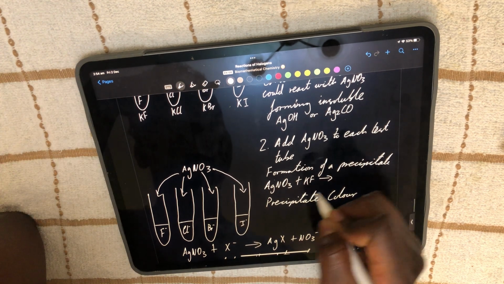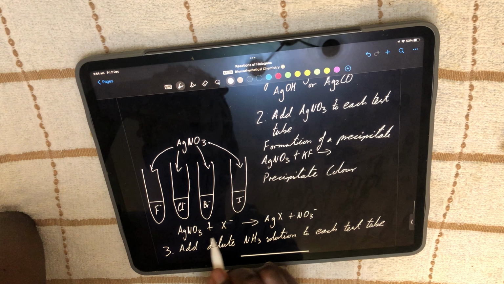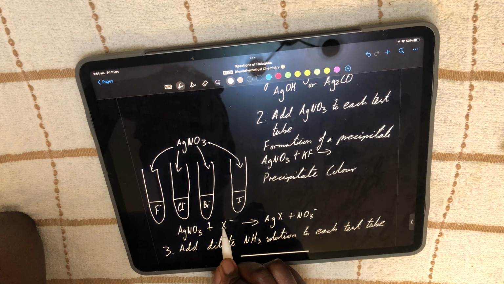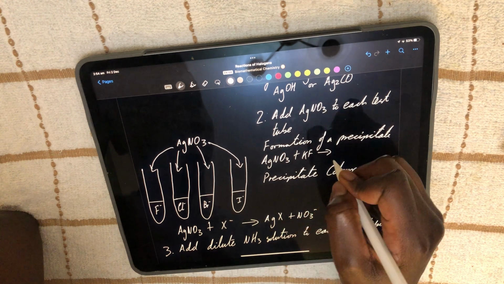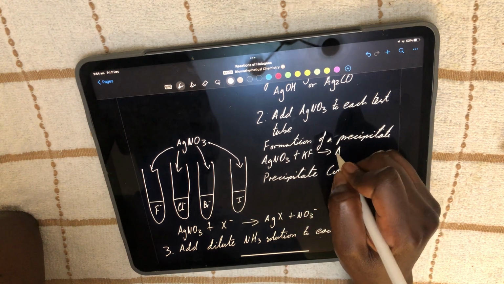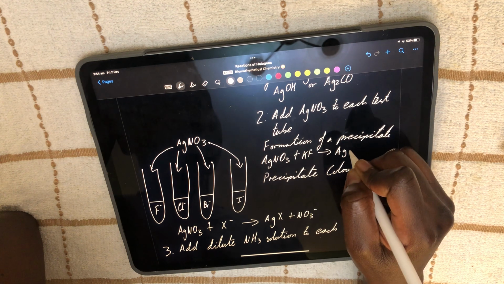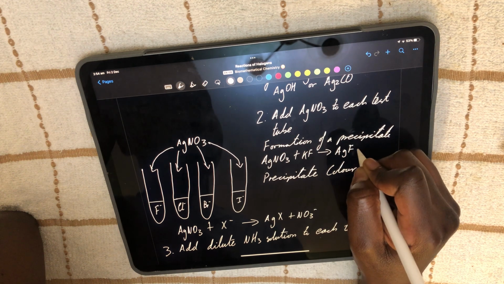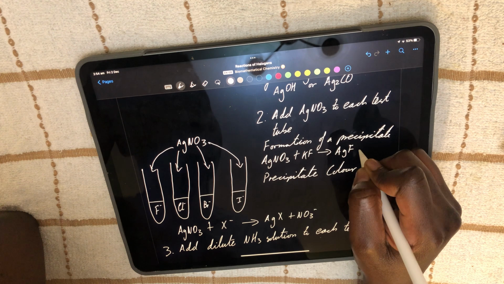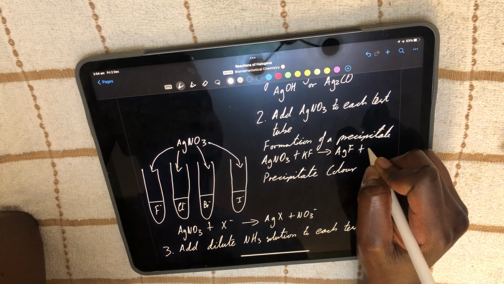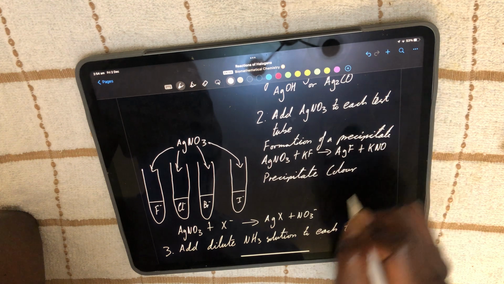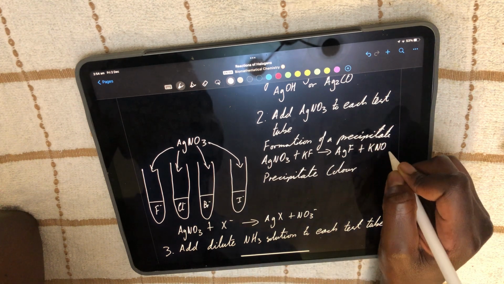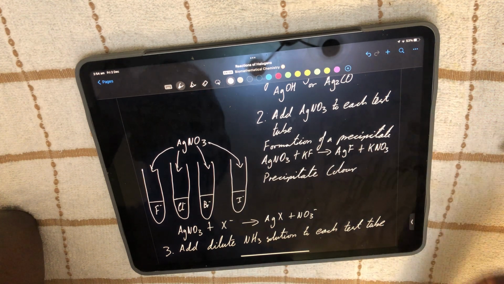Remember, AgNO3, silver nitrate, plus your halide to form your silver halide plus NO3 minus. Silver fluoride plus potassium nitrate in this case. You can write it as the ionic equation, but if you wanted to do it like this, we could always do it like that as well, no problem.